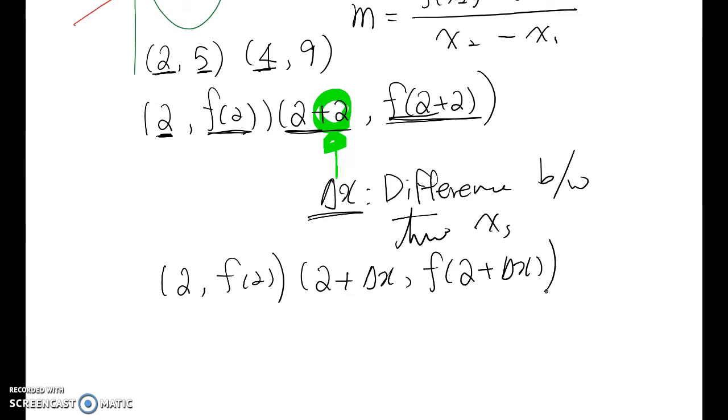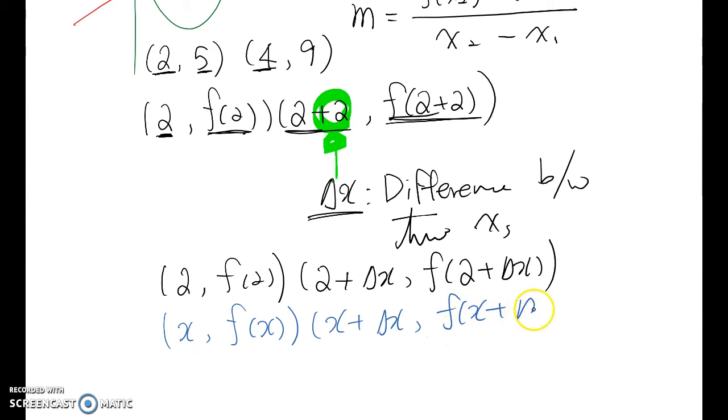So x1 also can be any point. So I'm going to rewrite this as x, because it can vary. If it equals x here, then the output you can indicate as f(x). Then this becomes x plus delta x, and f(x plus delta x) here. Make sense? I really hope so. I will continue this in the next video.